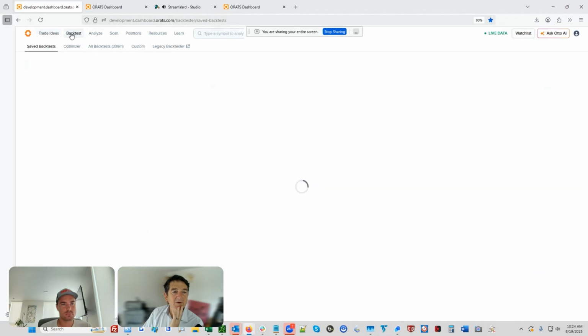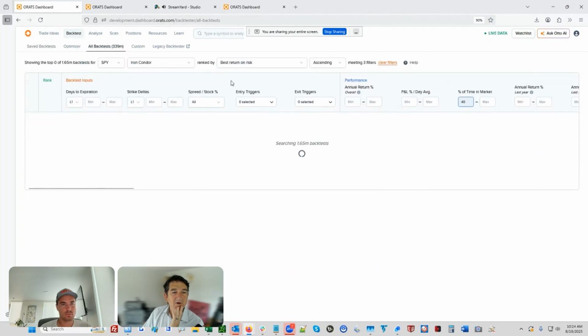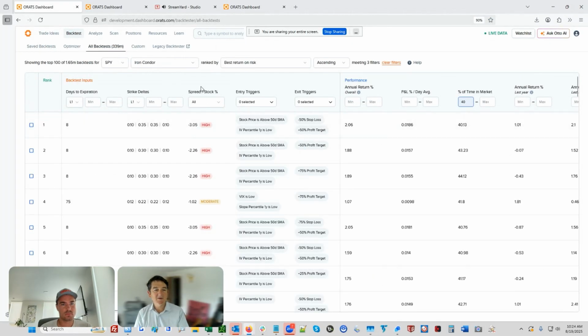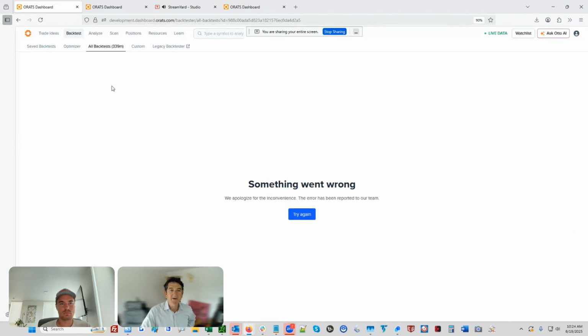Let's go to the backtester. So if you look at this, this is the spread divided by stock. We call it the spread yield. And if it's high, that means, so we could look at this backtest.